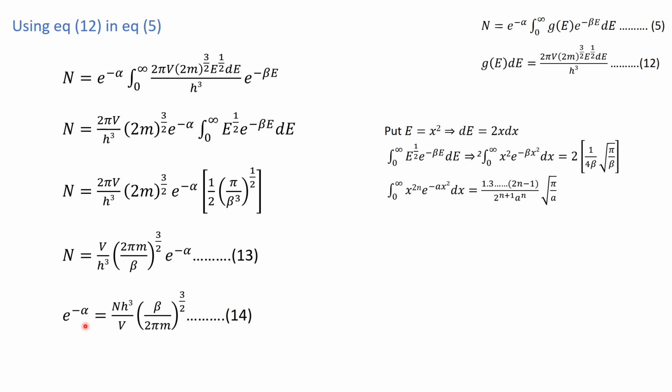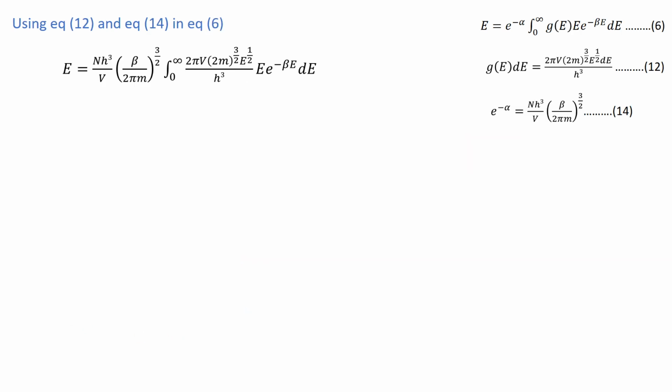Now you can write this equation 13 in terms of e to the power minus alpha, which is this one. Now if you use equation number 12 and equation number 14 and equation number 6, equation number 6 was given by this, and 12 by this, and 14 by this, so you are here. So what you do, this is 14, so you put this relation, and this is 12, so you put this, and e to the power beta E is the same thing.